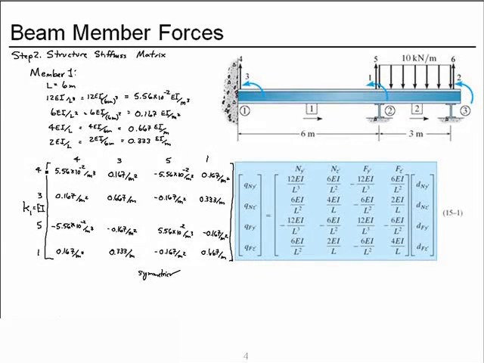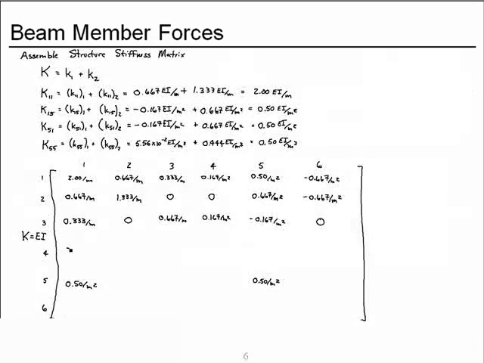4,1, row 4, column 1 will be this quantity. 4,2 will be 0 because no element connects these 2 degrees of freedom. 4,3 will be this quantity. 4,4, 4,5, and 4,6 will be 0.